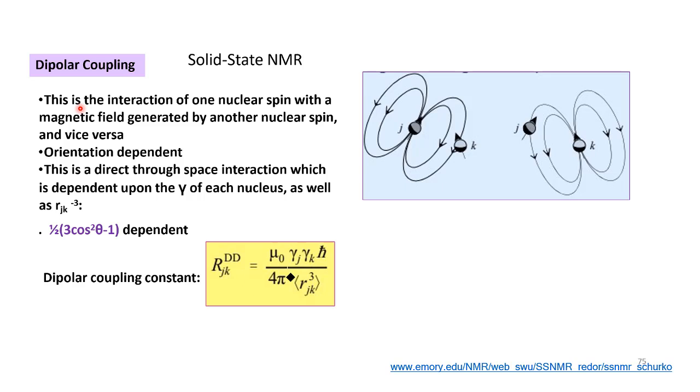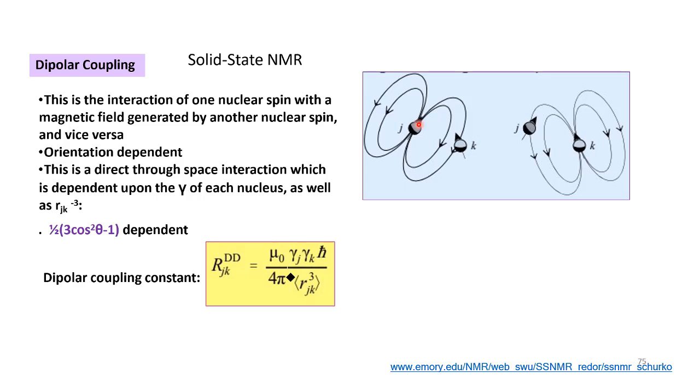So again, dipolar coupling, as I've told, depends upon the coupling also. Dipolar coupling is the interaction of one nuclear spin with a magnetic field generated by another nuclear spin and vice versa. So the interaction of one nuclear spin, as you can see here, with the magnetic field generated by the other one.